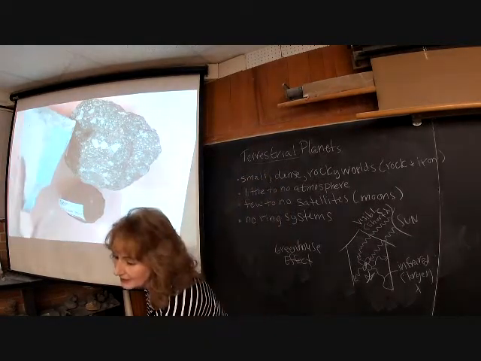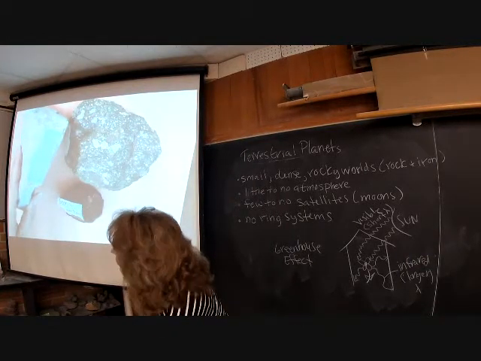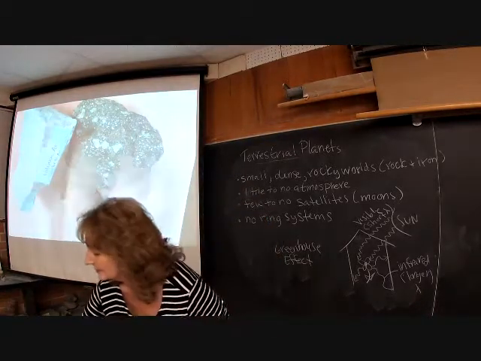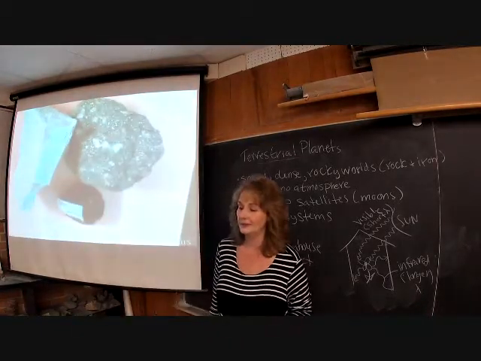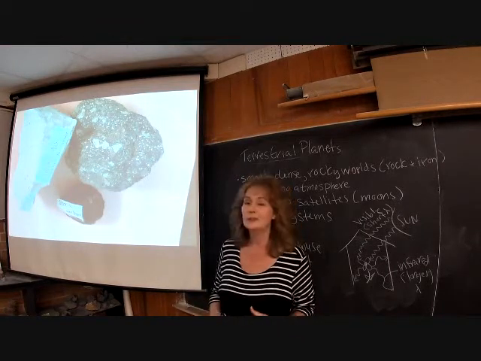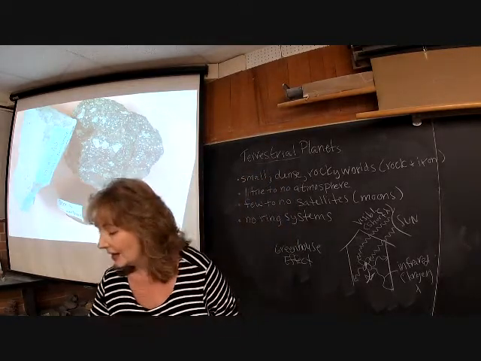That's probably not showing up very well. Volcanic ash. Let me see if I can zoom. Not zoom. Let's try that. See what happens. I don't know if that helped any. Volcanic ash, similar to the anorthosite of the highlands that they're talking about.